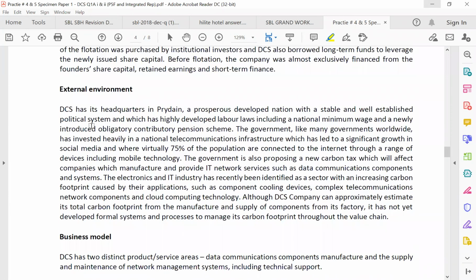External environment. DCS has its headquarters in Britain, a prosperous, developed nation with a stable and well established political system, and which has highly developed labor laws, including a national minimum wage and a newly introduced obligatory contributory pension scheme.